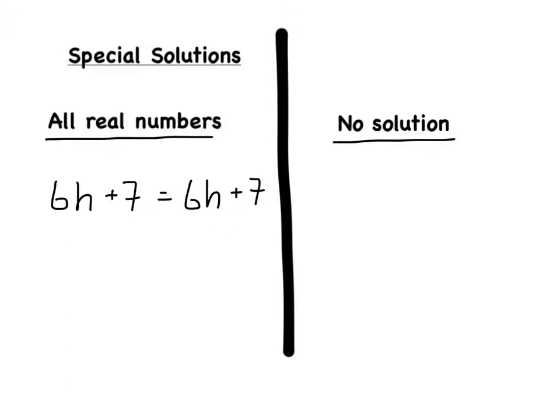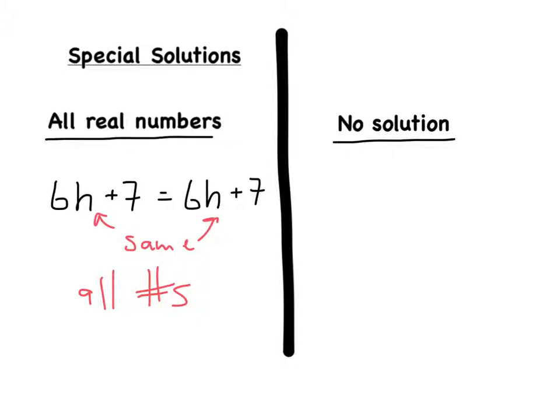If you plug in 5 for h here and 5 for h here, they're still going to be the exact same answer. So the answer for this h is basically all numbers, because these are the exact same and they cannot be simplified anymore.